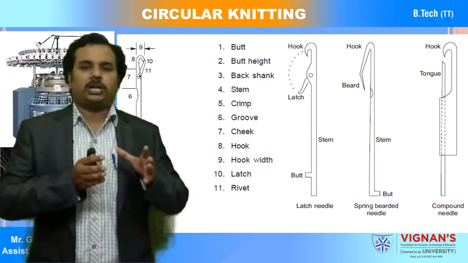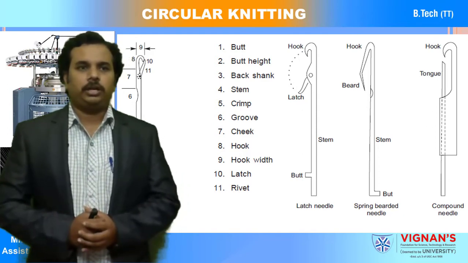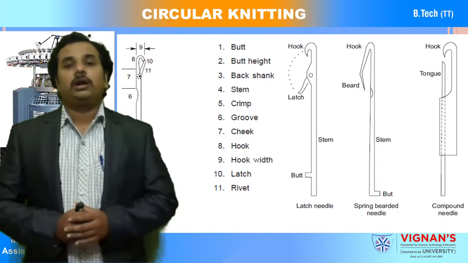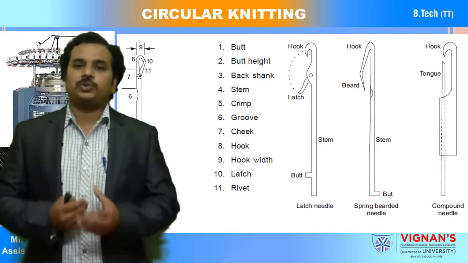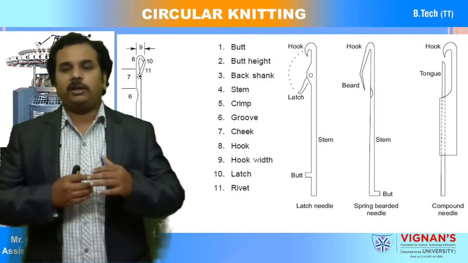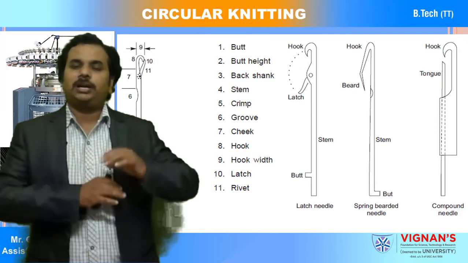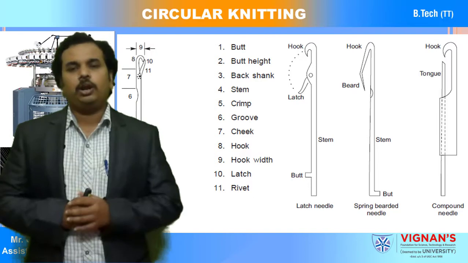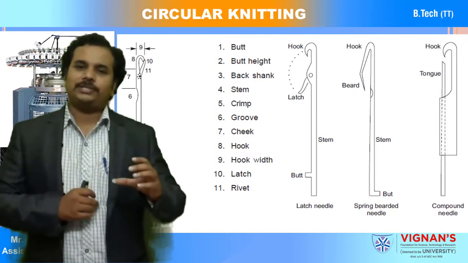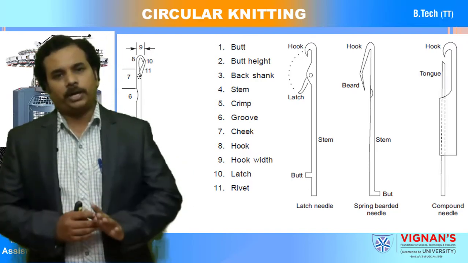What are the parts available in the latch needle? Coming from the top side, you can see on the latch needle the hook part, latch, then stem and the butt.